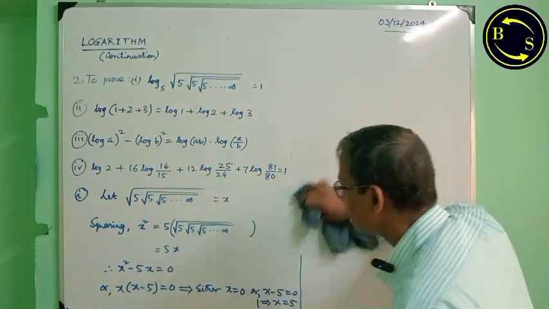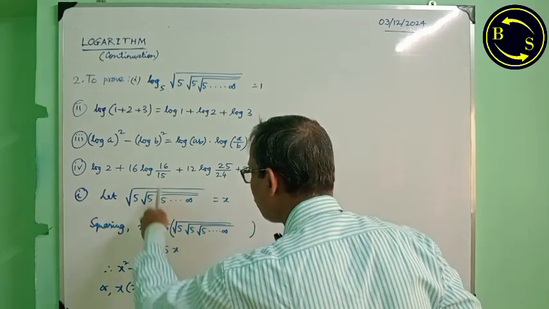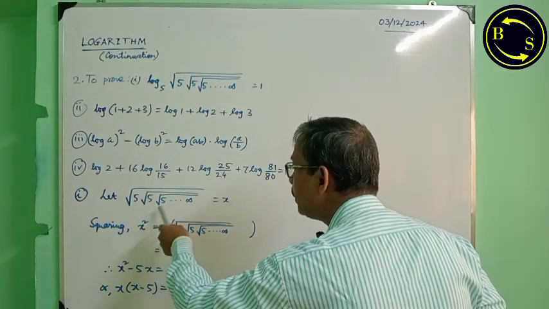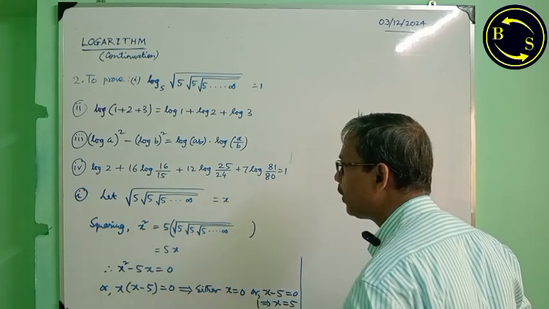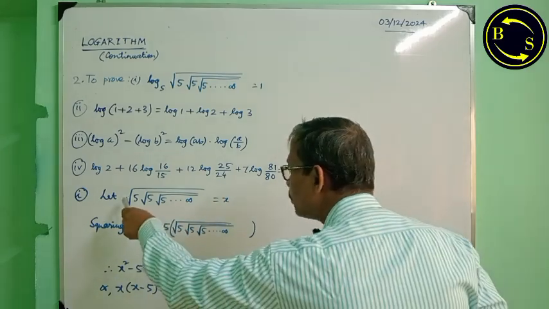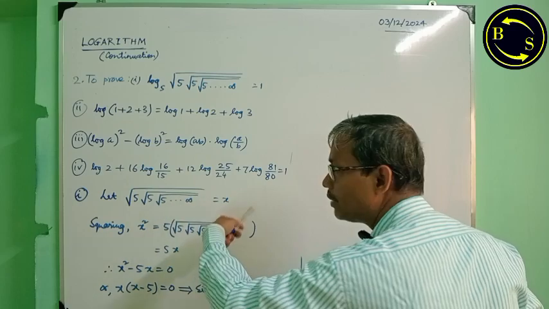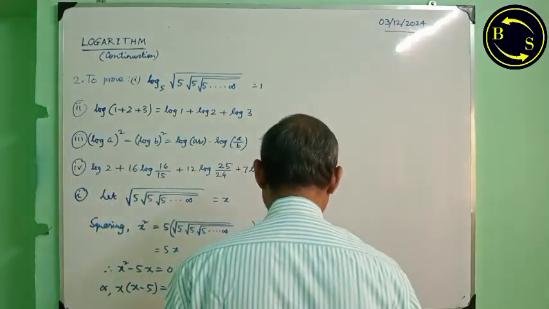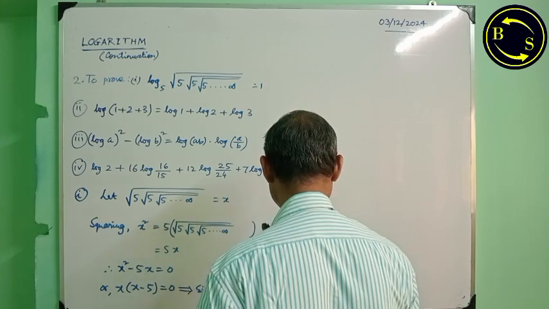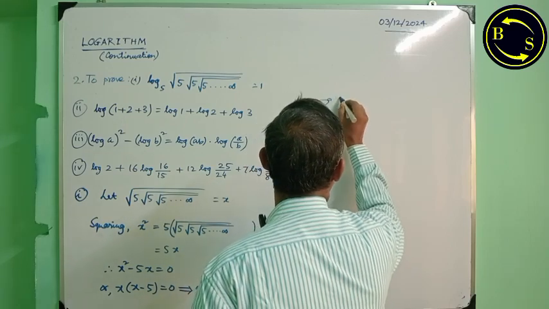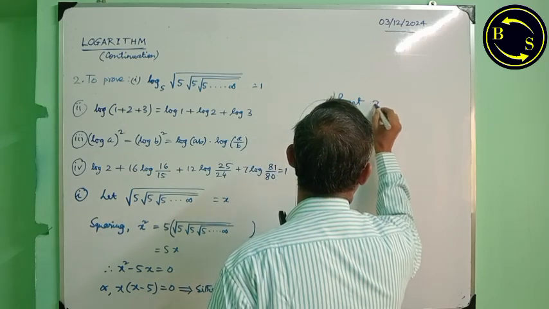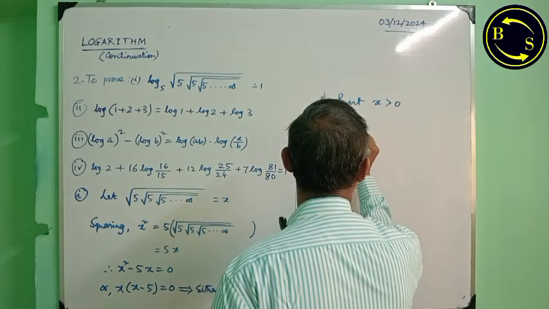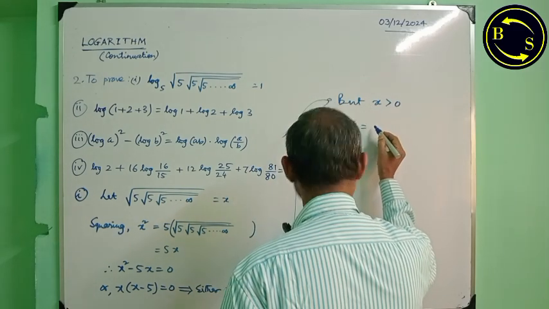Follow that. Square root of 5 into again square root 5 into again square root 5 up to infinity. Therefore, square root of a positive number that can never be 0. But x is positive, therefore x is equal to 5.